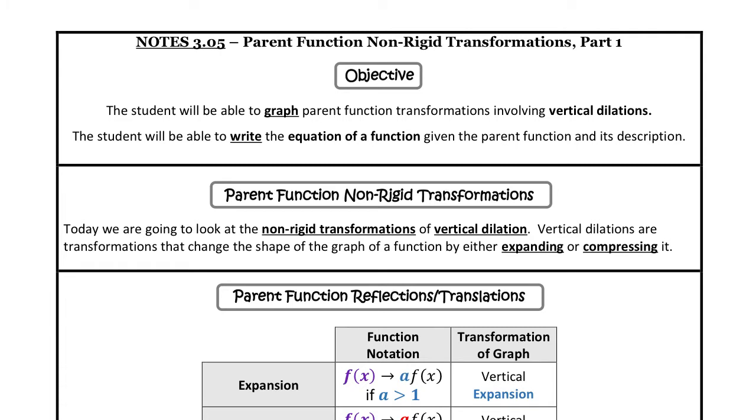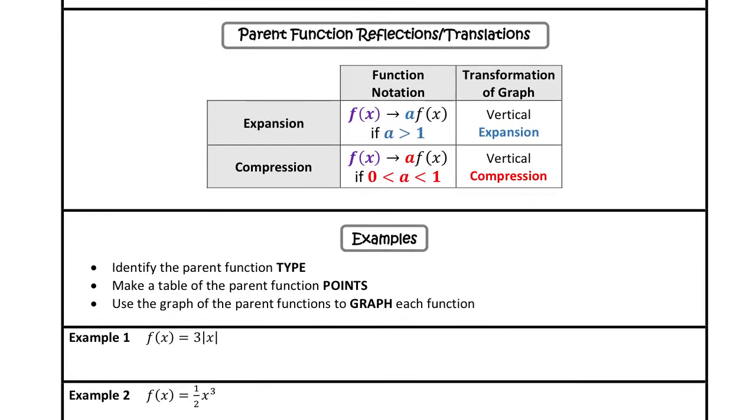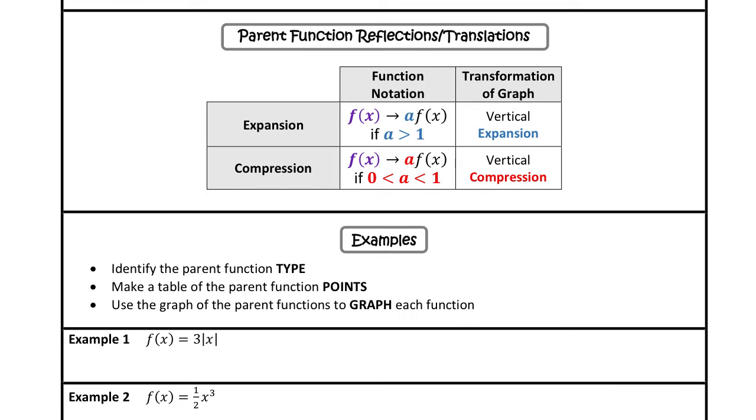So we've already looked at, just to summarize what we've seen, reflections, horizontal translations and vertical translations. And so to add to the transformation, we're going to talk about, sorry about that. This should say not reflections and translations. It should say dilations.